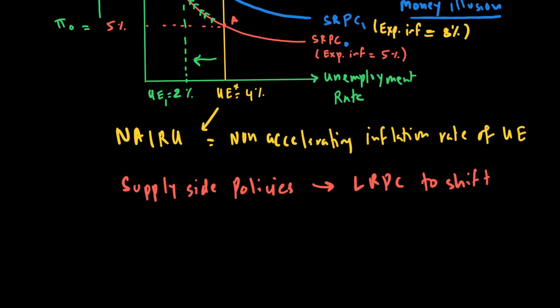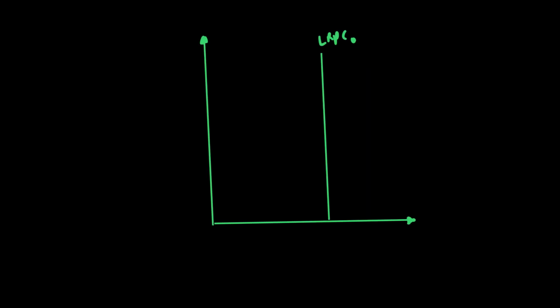So I want to show this in terms of a diagram as well. So if we use supply side policies and your long run Phillips curve is at unemployment rate of, for example, 4%, but if you use supply side policies, let me write this, inflation rate, unemployment rate.